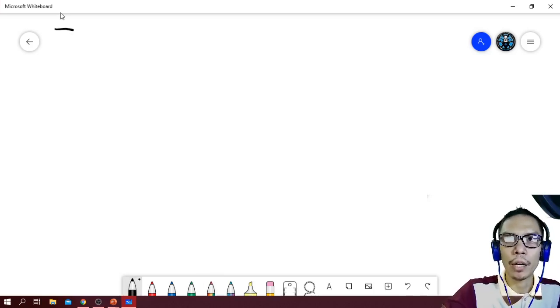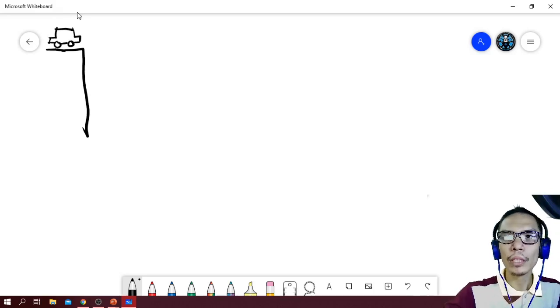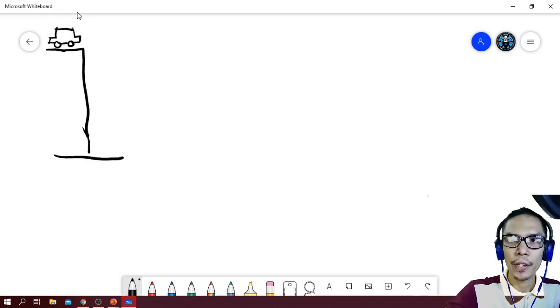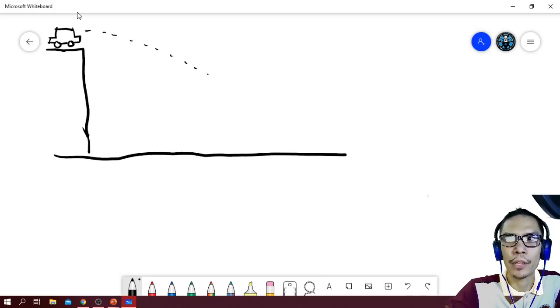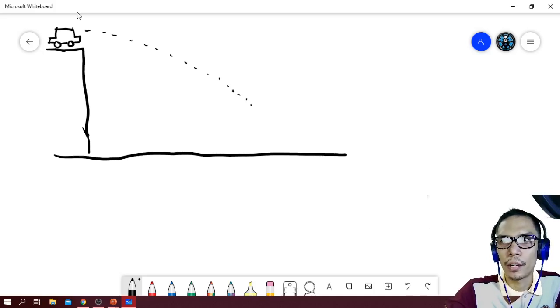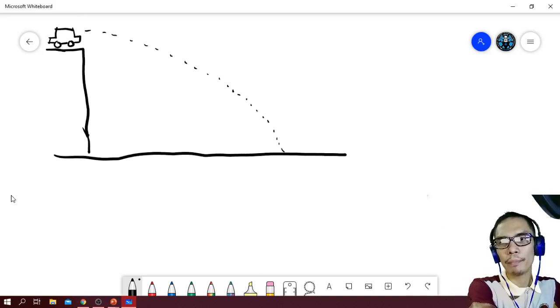According to the problem, Squeaky the driver drives off the cliff. So it looks like this. This is the car, and it drives off the cliff, and probably he's a stunt master, so he just drives off the cliff and lands below the cliff.